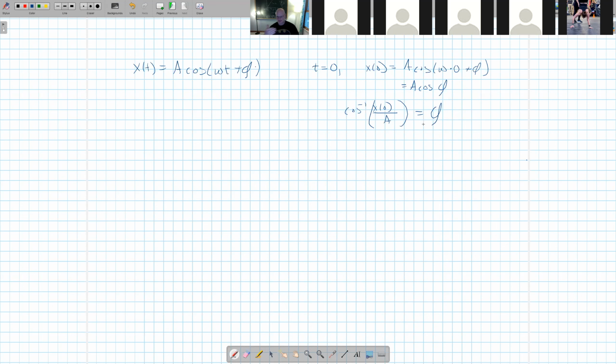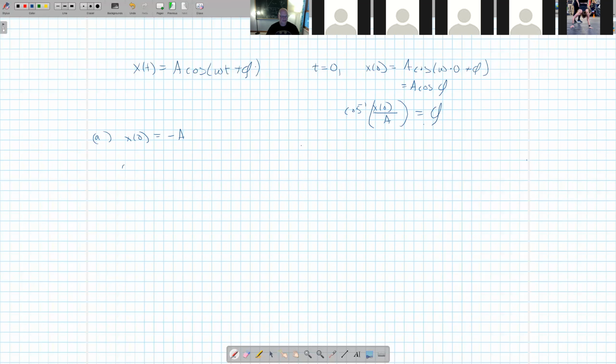So for each one of these different scenarios, to determine the phase factor, all we would have to do then is know the initial position and the amplitude, take an inverse cosine of that, and then I would determine the phase factor. So here, start off with part A. So for part A, what we know is that the position at time equal to 0 is equal to negative of the amplitude.